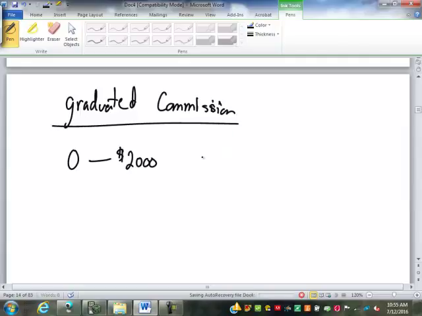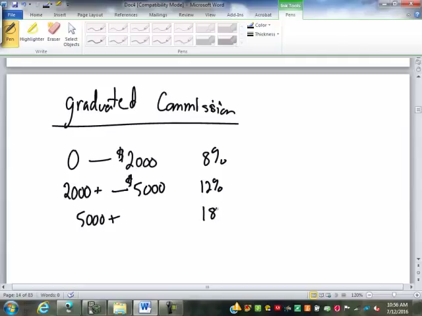Let's say 0 to $2,000, you're going to get 8%. From $2,000 plus to $5,000, you're going to collect 12%. And then $5,000 plus, you're going to get 18%.